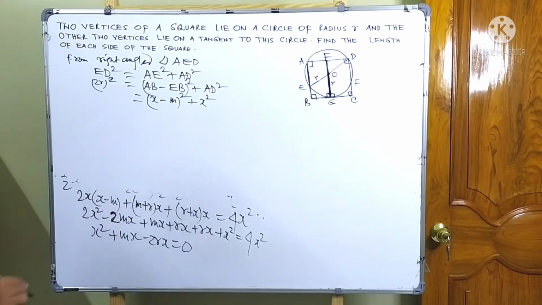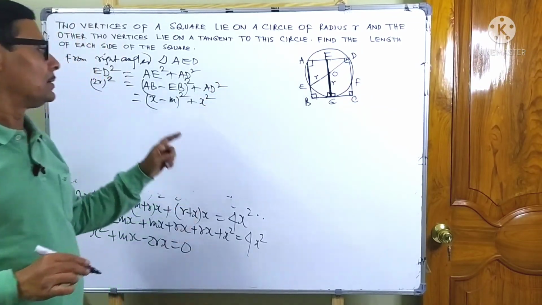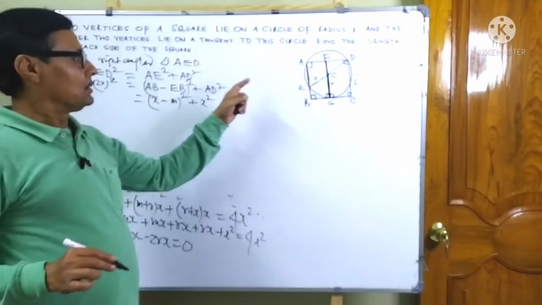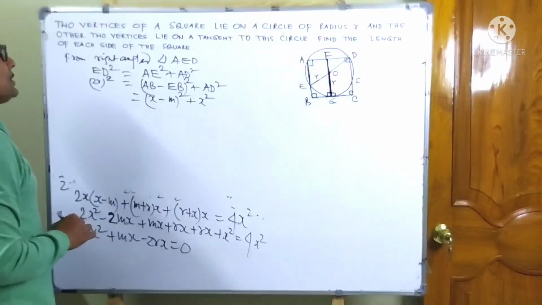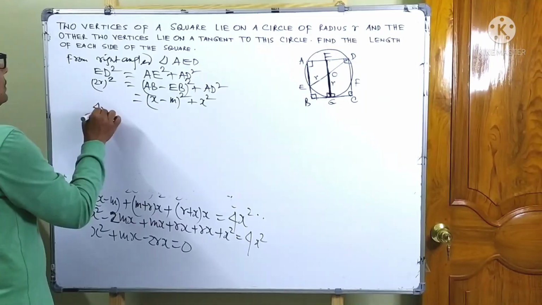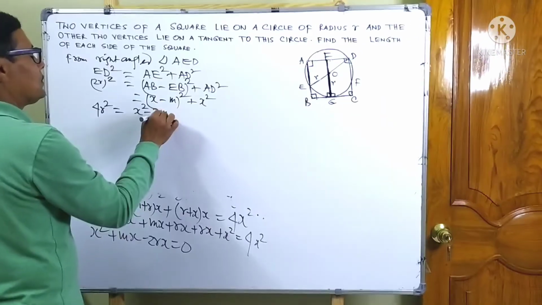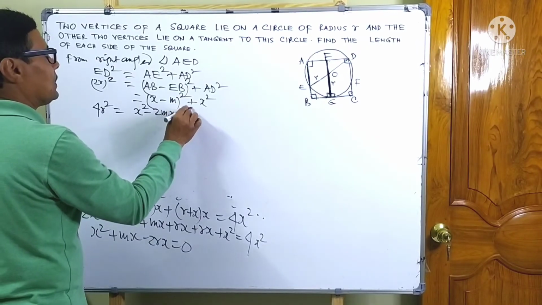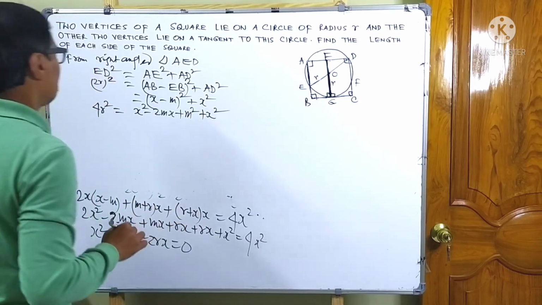So, 4r square is equal to x square minus 2mx plus m square plus x square.